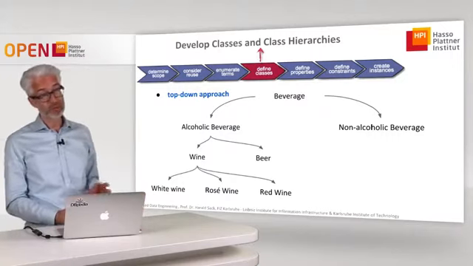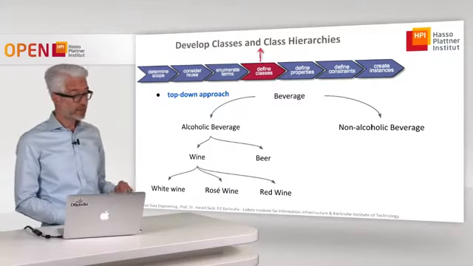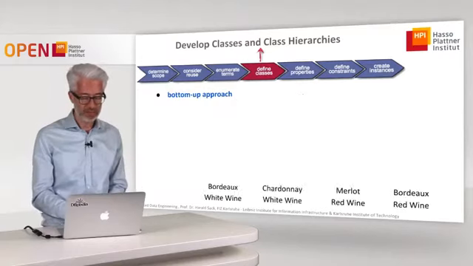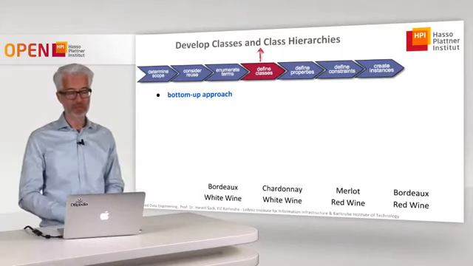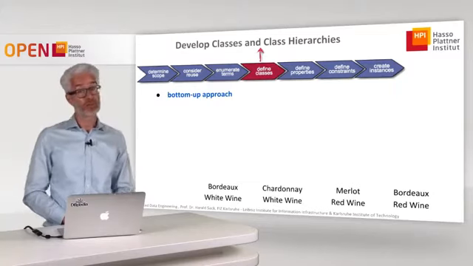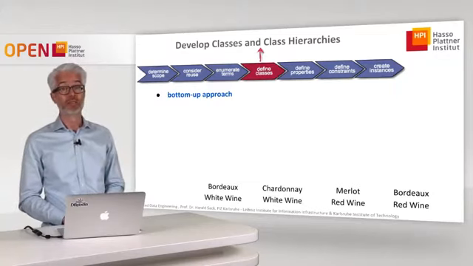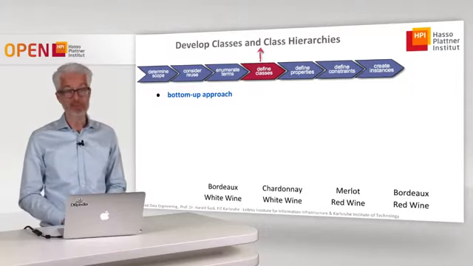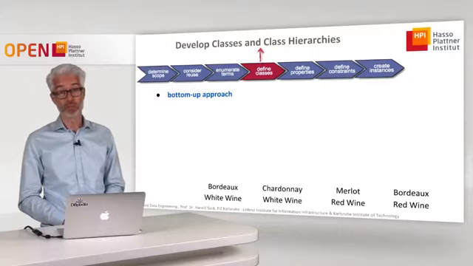So you would first think of what are the single, or let's say the most specific classes that I want to have in my ontology. That could be, for example, Bordeaux white wine, Bordeaux red wine, Chardonnay white wine, Merlot red wine, and so on and so on. So you have here the region and the color, for example, as distinctive properties that determine the classes.